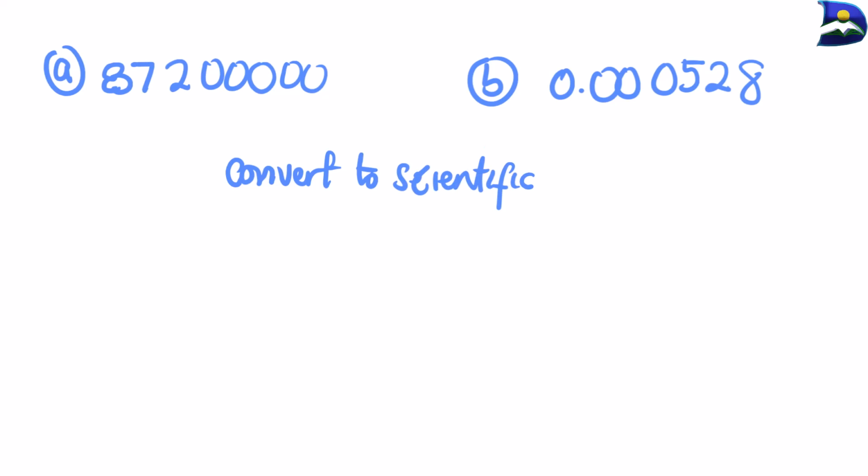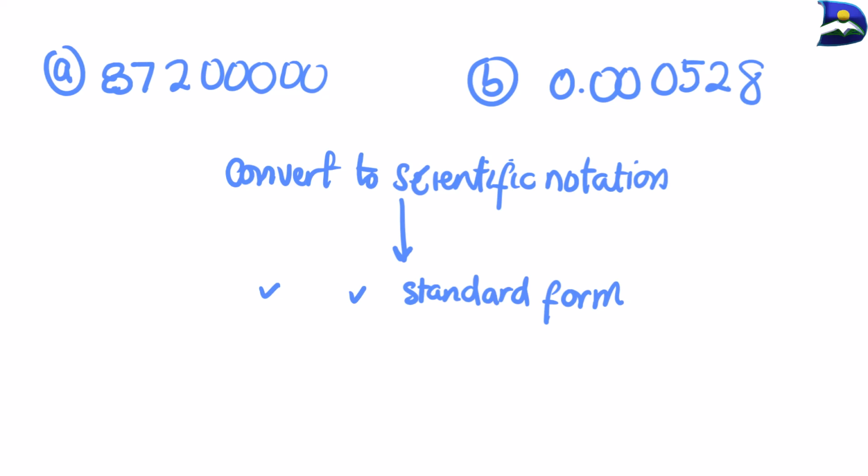And finally, once you're able to do this, you will also try to convert it back to standard form. And I hope that this will shine a light on how it's really important to know how to do both converting to scientific notation and to standard form.